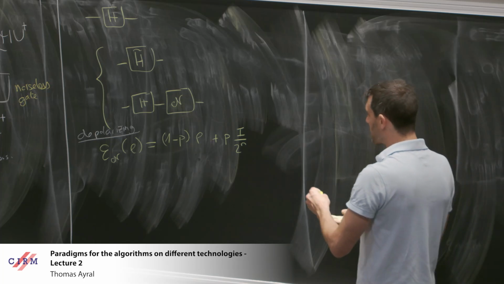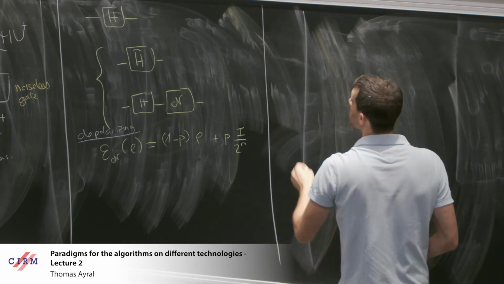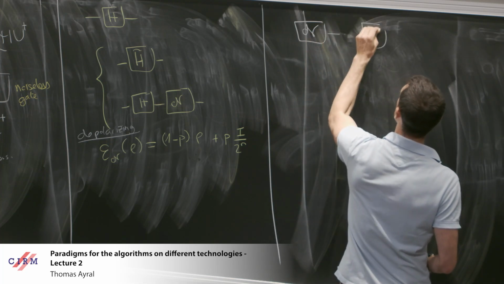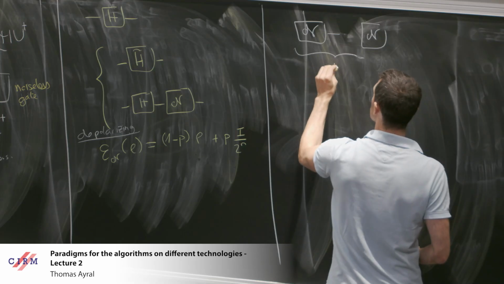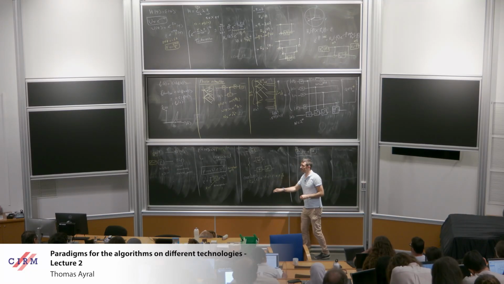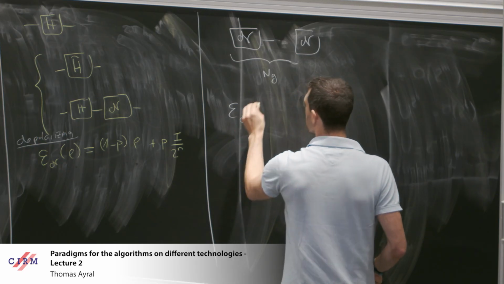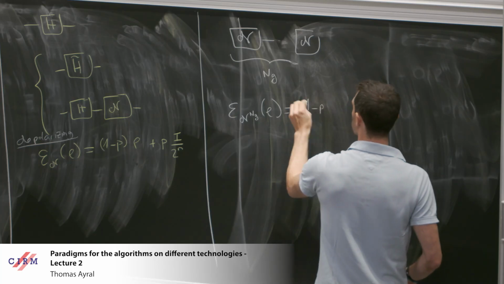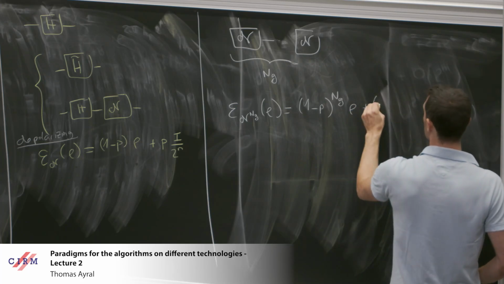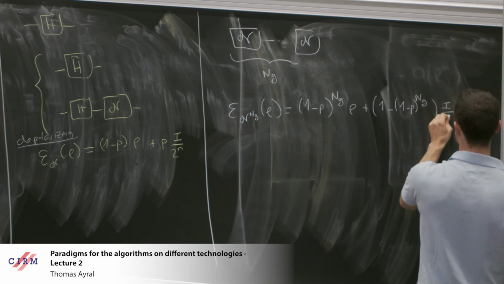And so why I want to mention it is that I would like to motivate the fact that if you have a succession of a big NG of these depolarizing channels, so essentially, if you apply this map NG times, NG is the number of gates, it's easy to show that epsilon to the power NG is going to be (1 minus p) to the power NG times rho plus essentially the rest, 1 minus (1 minus p) to the power NG, times identity over 2 to the n.